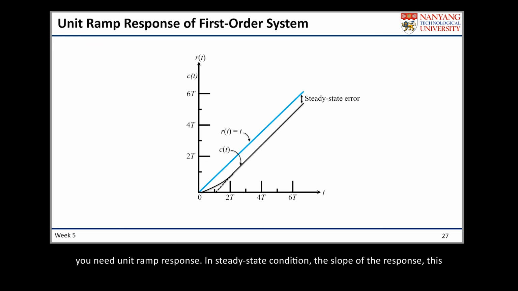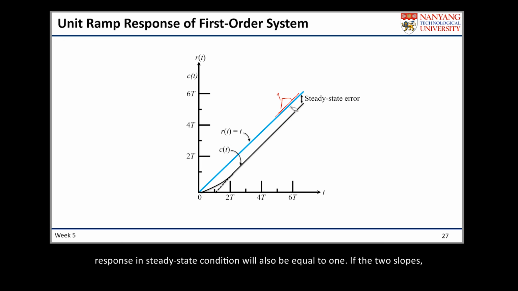In steady state condition, the slope of the response will be exactly equal to the slope of the input. In our case, since we have a unit ramp input, the slope here is 1. The slope of the response in steady state condition will also be equal to 1.